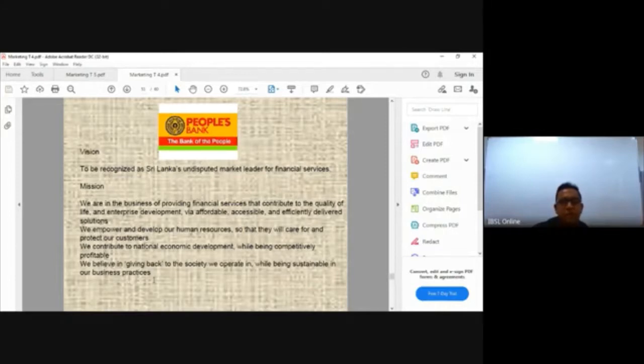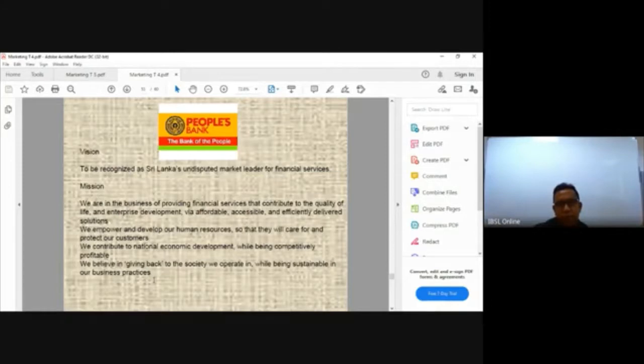So, learning this vision and mission is important because it gives a broader idea about a particular organization's direction and broadly what they want to achieve, what they want to deliver, what values they want to uphold.